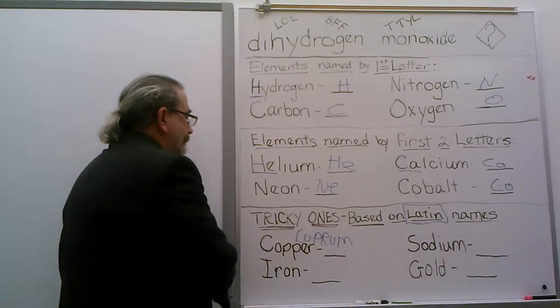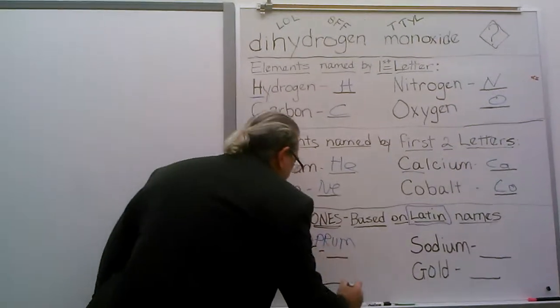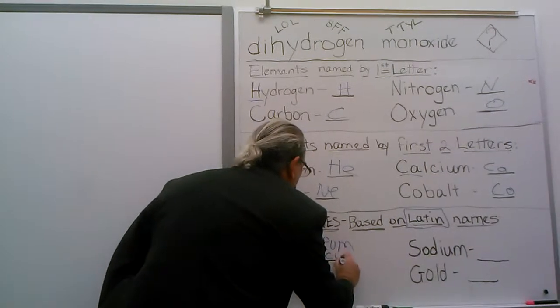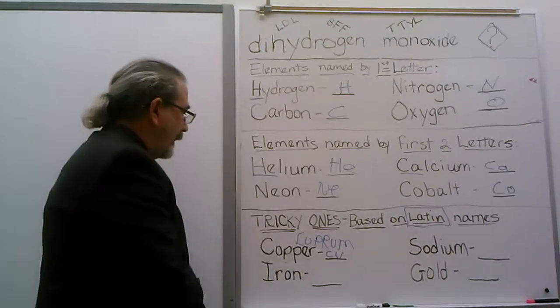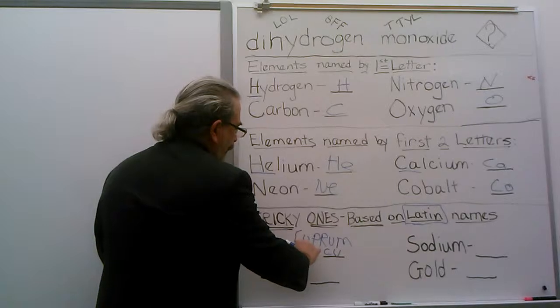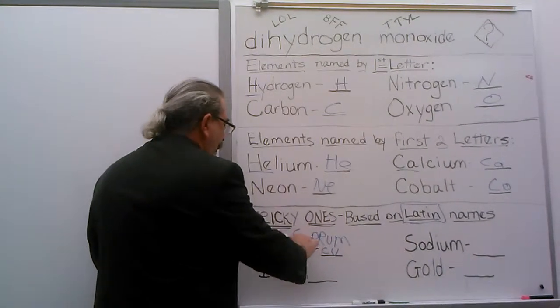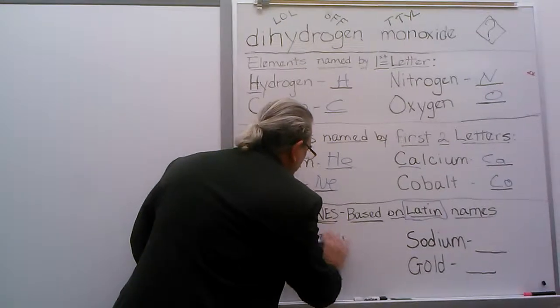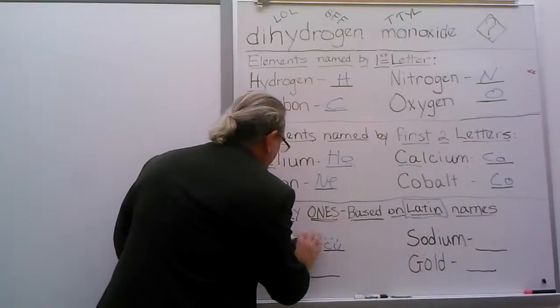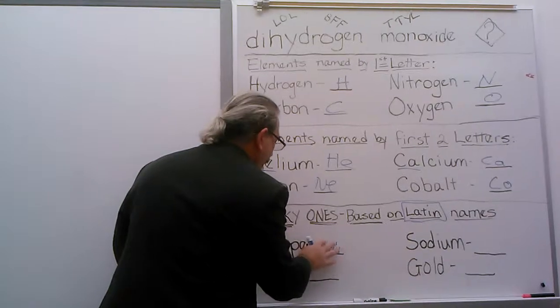What is the symbol? The symbol is Cu. And what we're doing is using the first two letters of this Latin word. But you probably don't know this Latin word. And so how can I remember Cu stands for copper?